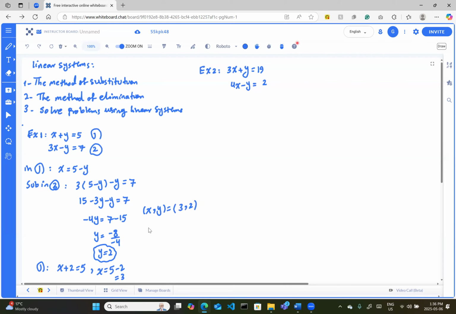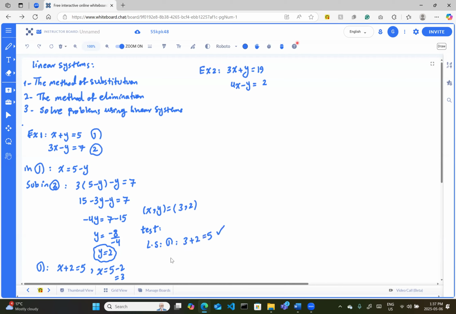And then you can do a quick test and check the answer in both equations as well, to make sure that you found the correct solution here. Just sub in the final answer in the left side of each equation and make sure that it is equal to the right side. For example, in the first equation, x plus y, so 3 plus 2 equals 5.